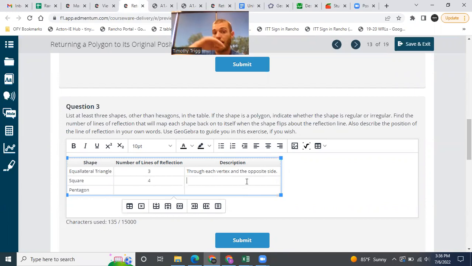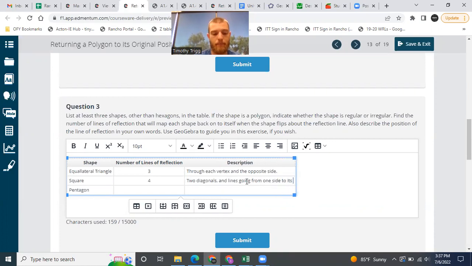Because in this case, you'd have the 2 diagonals, and then you would have the lines connecting sides, going from one side to its opposite. I can put 2 here. So 2 diagonals and then 2 lines going from one side to its opposite, right? Hopefully you can imagine that.